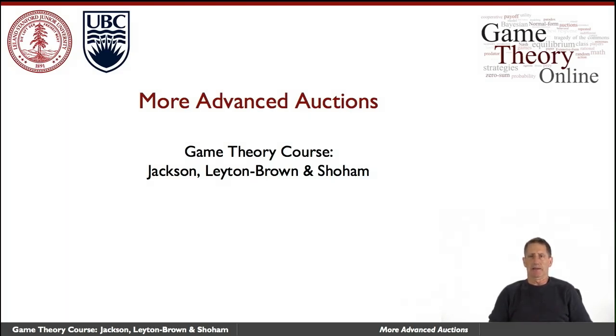Finally, let me speak briefly about combinatorial auctions. Those are very interesting, both because they are commercially very relevant and because they give rise to a host of very interesting intellectual issues. So what's an example of a combinatorial auction?